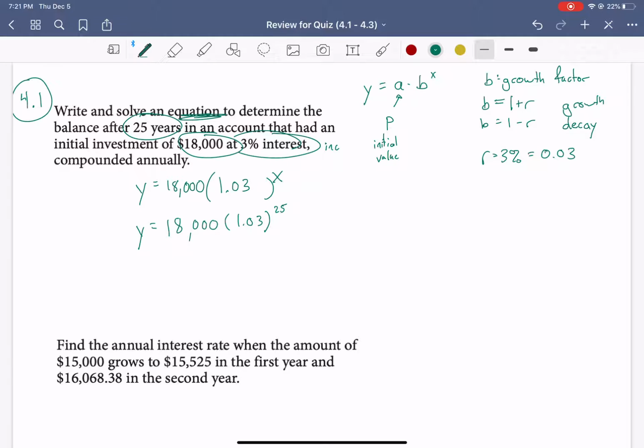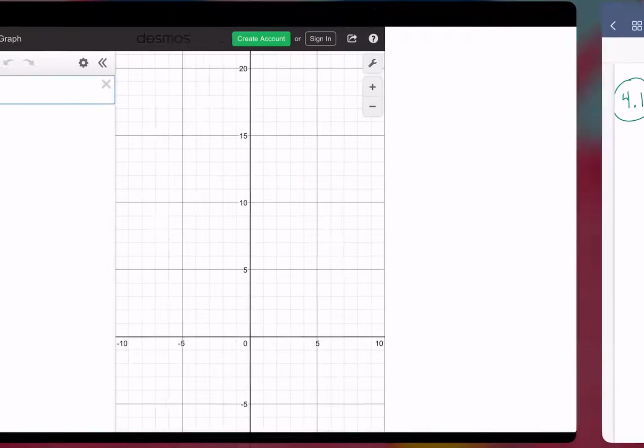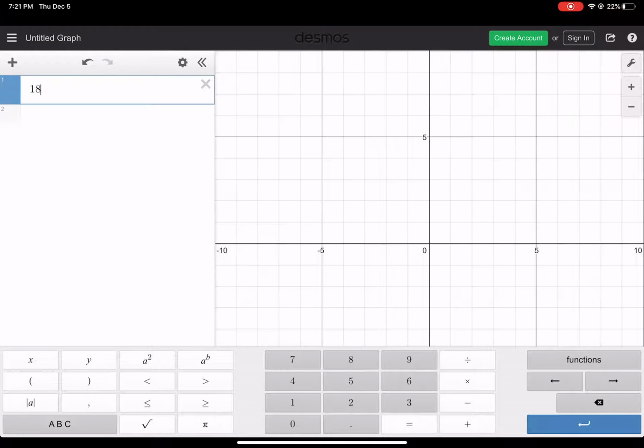So we need to plug this into our calculator. I'm feeling lazy, so I'm just going to use Desmos. So that was 18,000 times 1.03 raised to the power of 25.